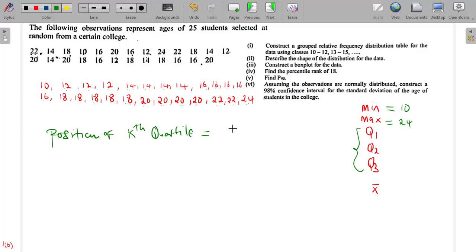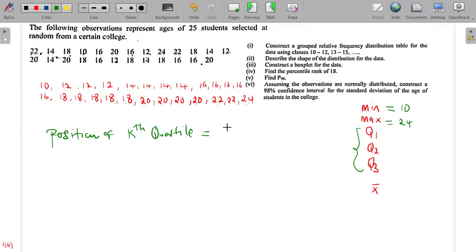I want to write the formula in general, and then we can pick it up from there. So it will be k divided by 4. No, it should not be k divided by 4. What's the general formula?